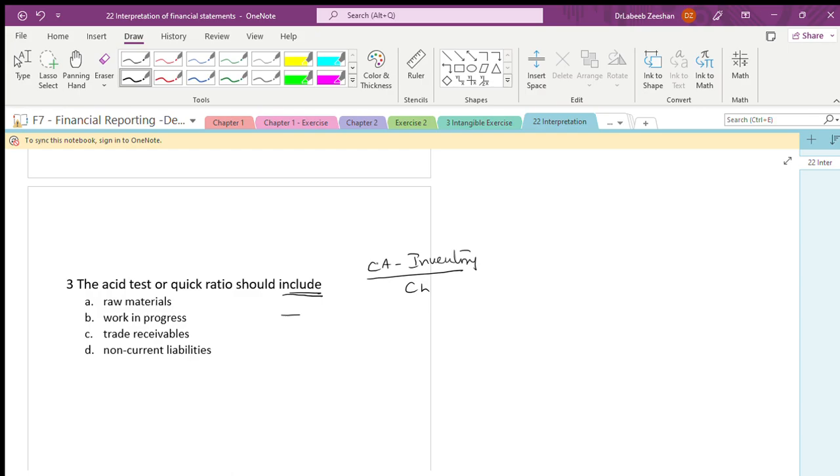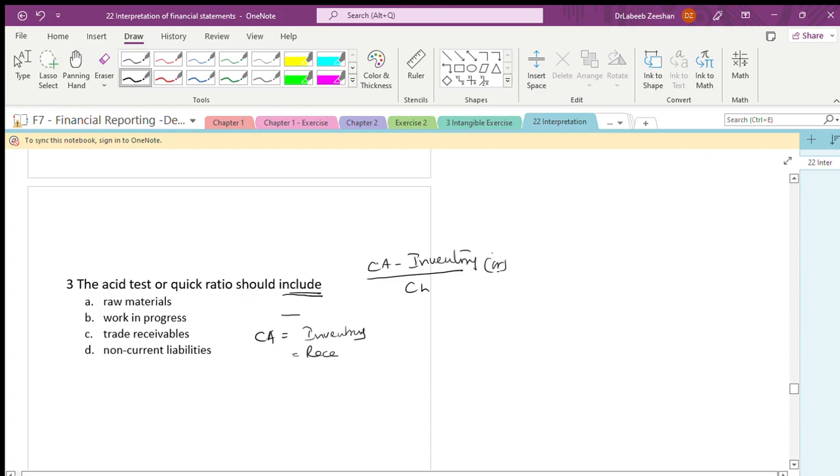The acid test ratio or quick ratio should include what? Within the current assets, current assets will have inventory, receivables, and cash.